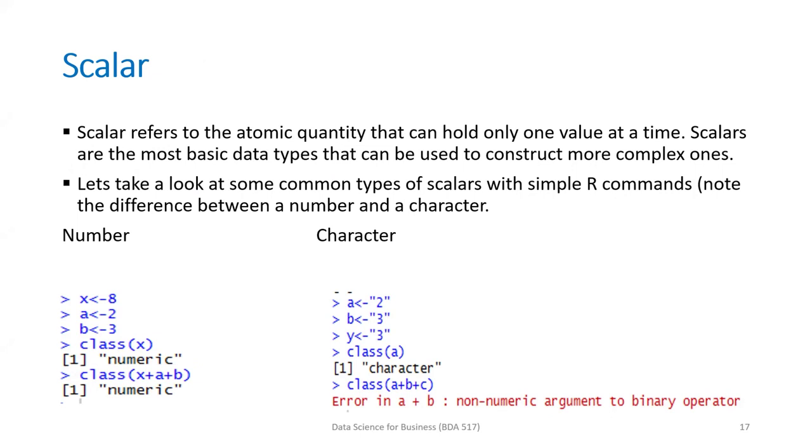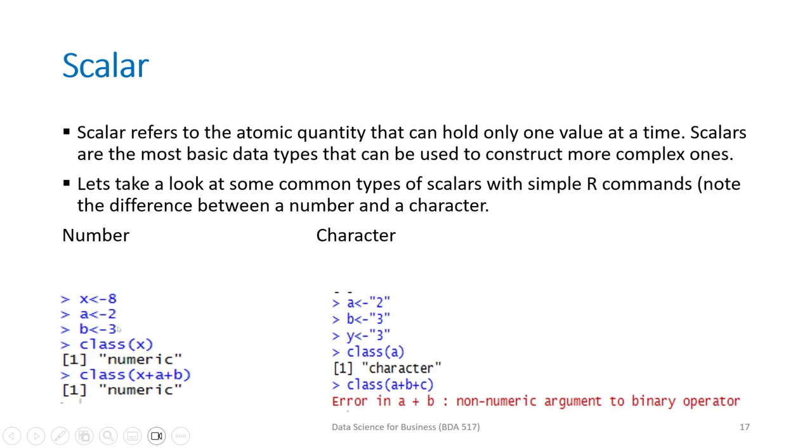This refers to the atomic quantity that can hold only one value at a time. If we say that y is equal to 2, it's a scalar, just 1 unit. Scalars are the most basic data types that can be used to construct more complex ones. If you assign x is equal to 8 here, it's a scalar. a is equal to 2, it's a scalar.